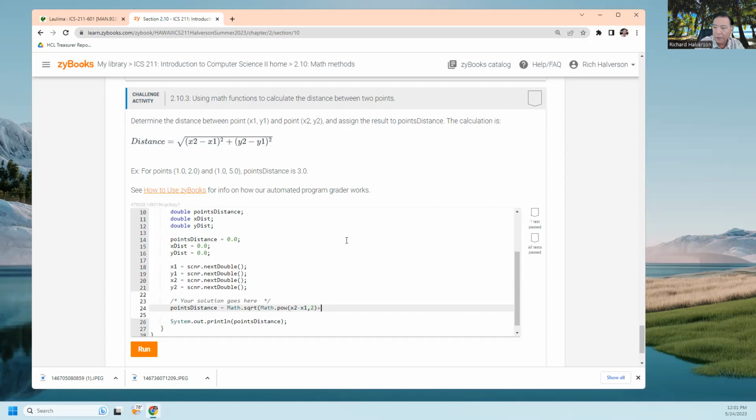And I want to add to that math power of y2 minus y1 comma to the second power. And I'm taking the square root of the whole thing.